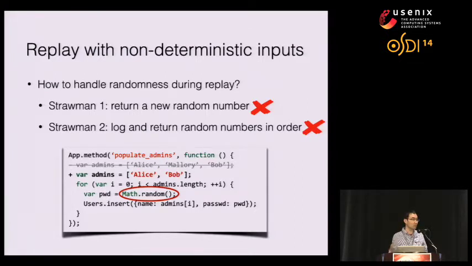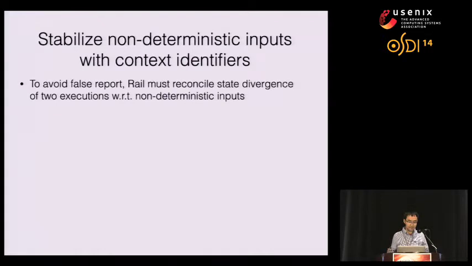However, this doesn't work here as well because Mallory is in the middle of the list. If she's removed, then Bob will get Mallory's password during replay, and the same bad thing will happen again. So to avoid the false reports, Rail must reconcile state divergence of the two executions with respect to non-deterministic input.